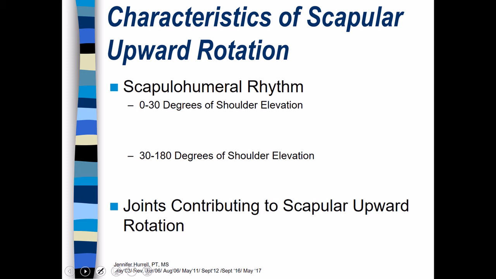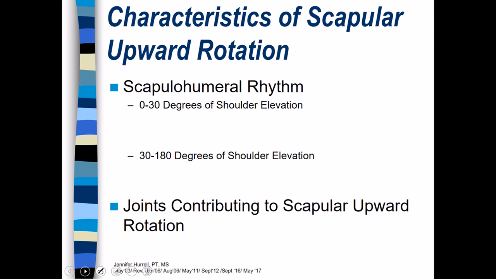So what do you think might happen if the glenohumeral joint wasn't moving properly, though? As in the case of frozen shoulder syndrome, the medical diagnosis for that is adhesive capsulitis. Right?